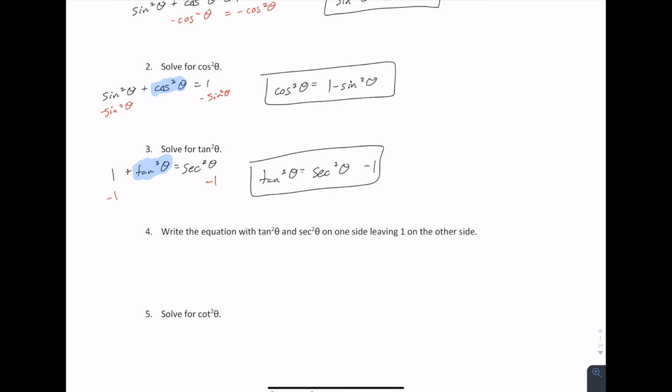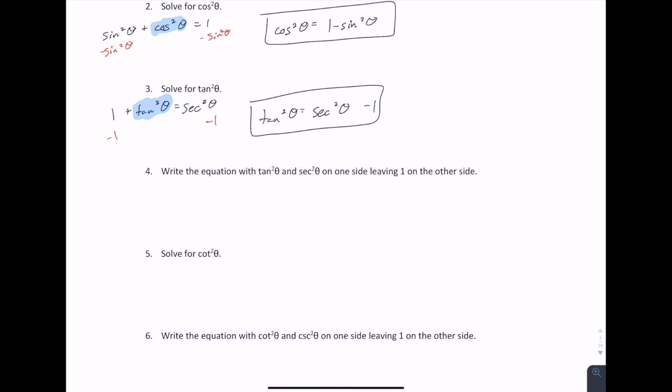Okay? Now let's see, number 4. Write the equation with tangent squared theta and secant squared theta on one side, leaving 1 on the other side. Well, I know I have this formula, 1 plus tangent squared theta equals secant squared theta. And now they want us to leave 1 on the other side. So essentially this stays put.